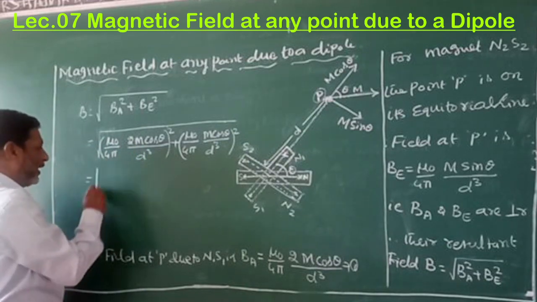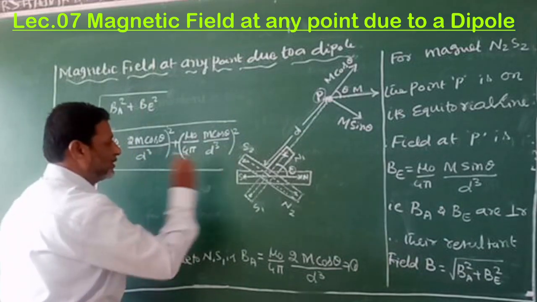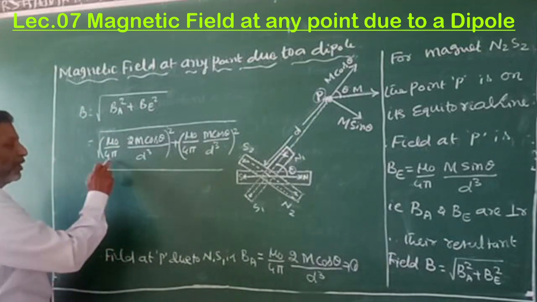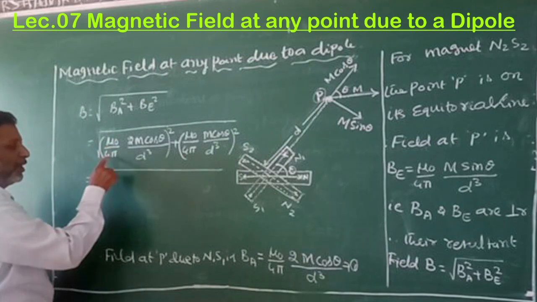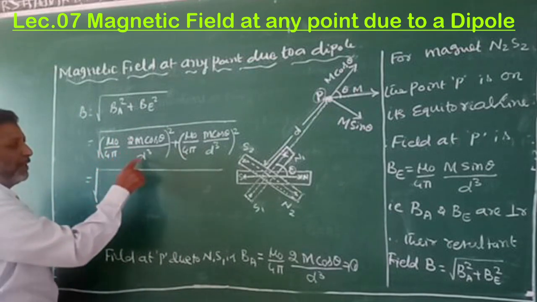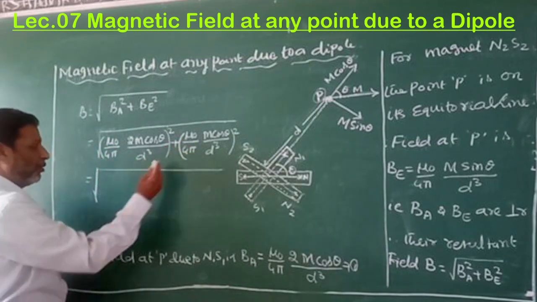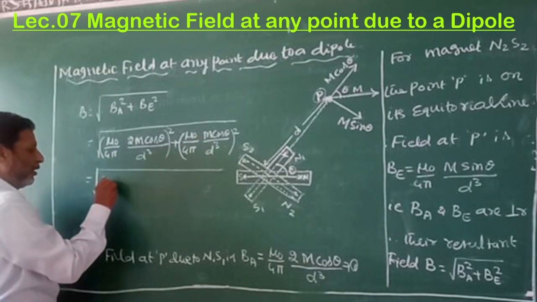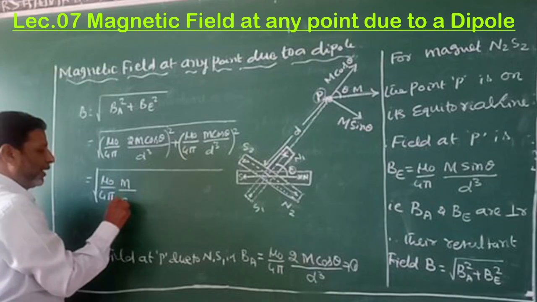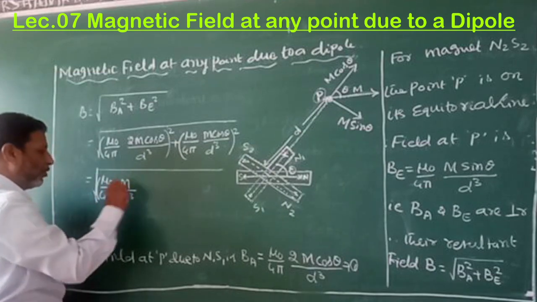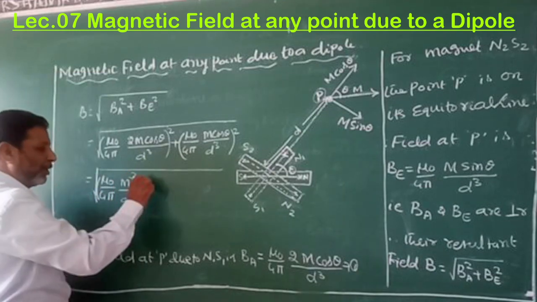For your understanding, let us write one more step here. In these two, you are observing that mu naught divided by 4 pi, M divided by d cube is common, and I will take it out.